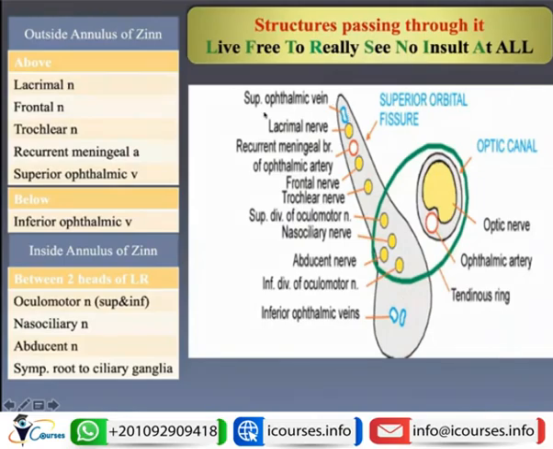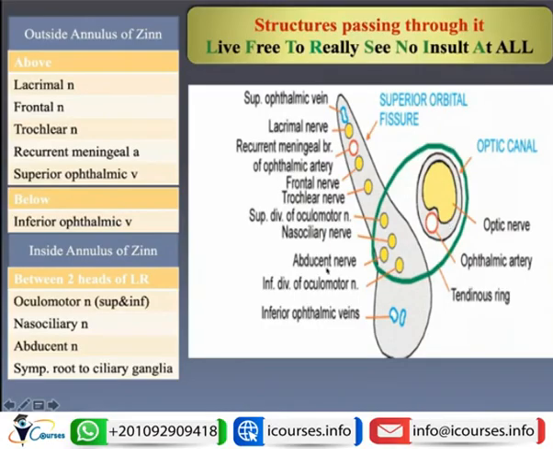If we say superior ophthalmic vein, then we have an inferior ophthalmic vein, but the inferior ophthalmic vein will be transmitted below the common tendinous ring. So whether these structures are above or below, they pass through the superior orbital fissure, but don't pass through the common tendinous ring.